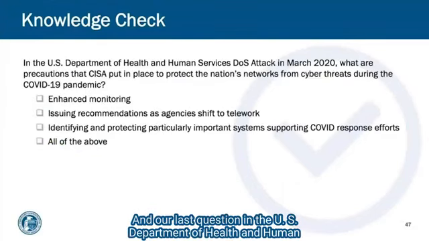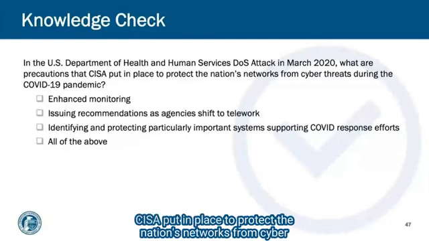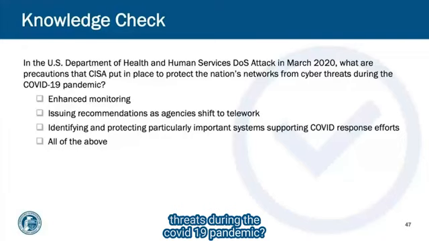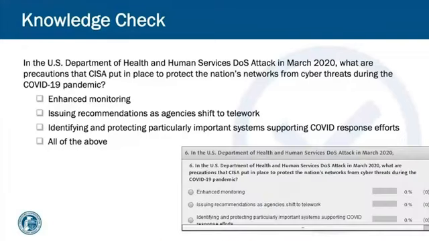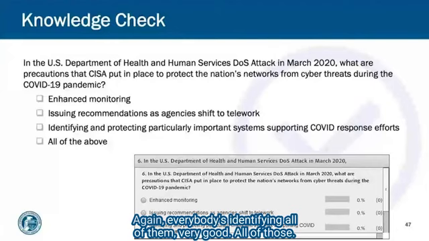Okay, and our last question. In the U.S. Department of Health and Human Services, DOS attacks in March 2020, what are precautions that CISA put in place to protect the nation's networks from cyber threats during the COVID-19 pandemic? Again, everybody's identifying all of them.